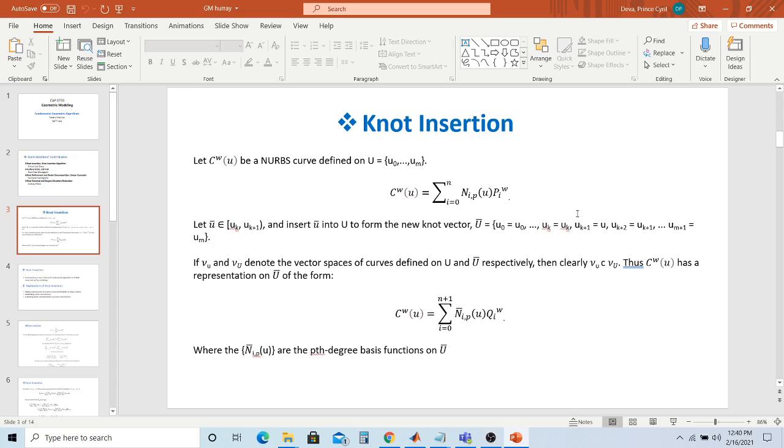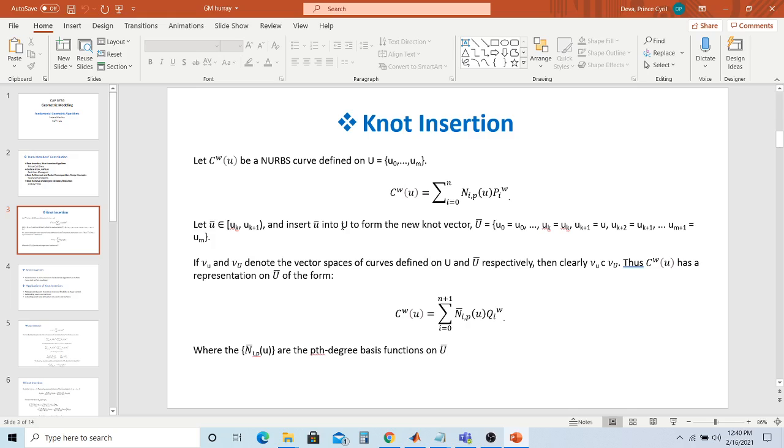This gives us the equation C^w(u) = summation i = 0 to n of N_{i,p}(u) P_i^w, where P_i defines the control points of the curve.